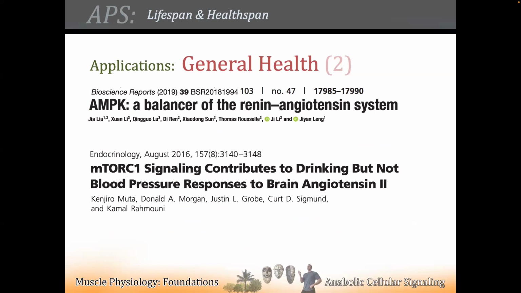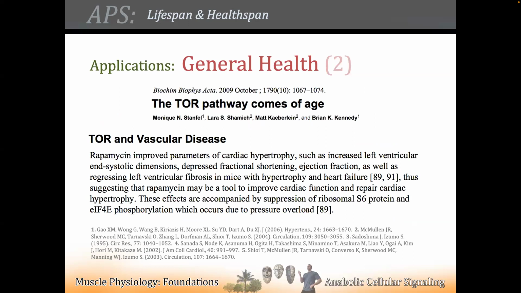So as we work our way through the lifespan, and hypertension gradually creeps up on us, AMPK might be increasingly friendly in this regard, helping us maintain blood pressure. And then looking at the heart itself, rapamycin treatment has shown to improve cardiac function and structure, both.